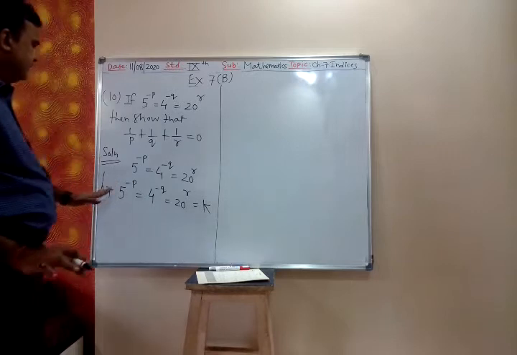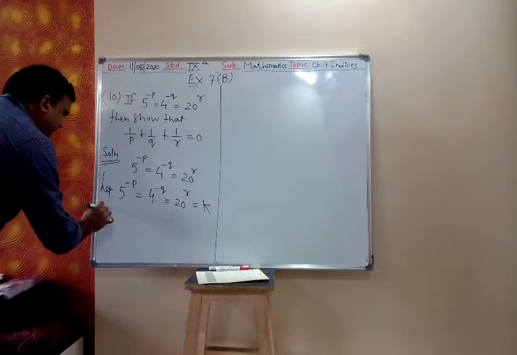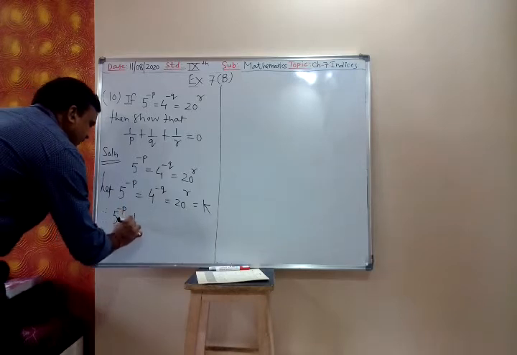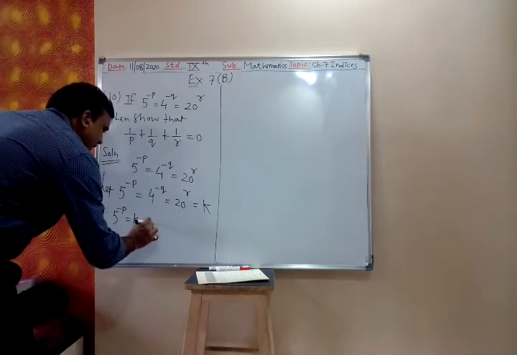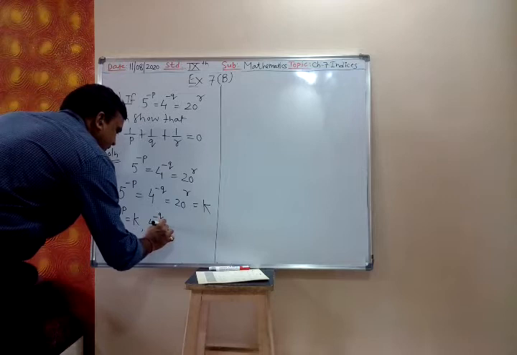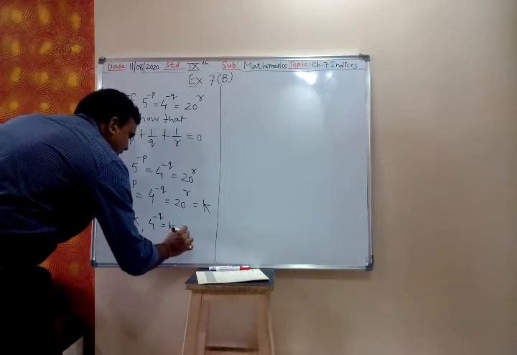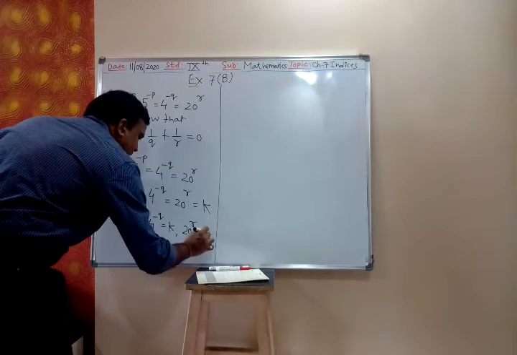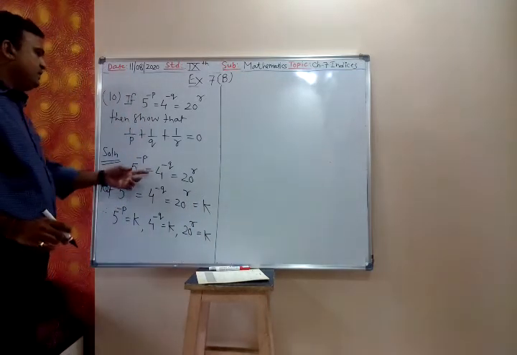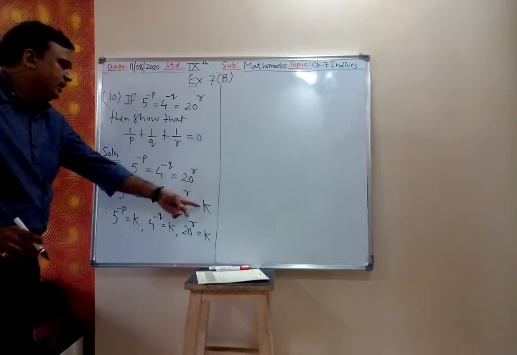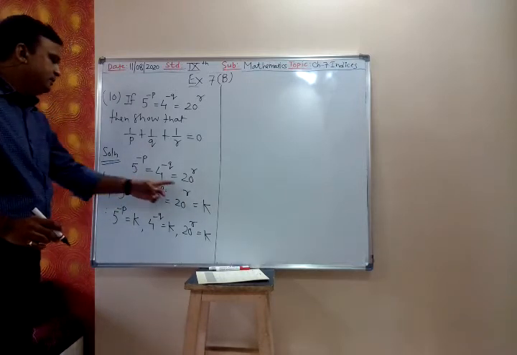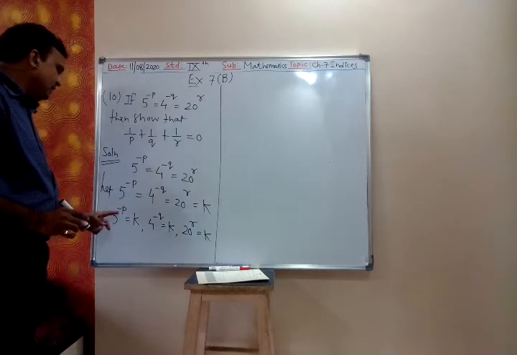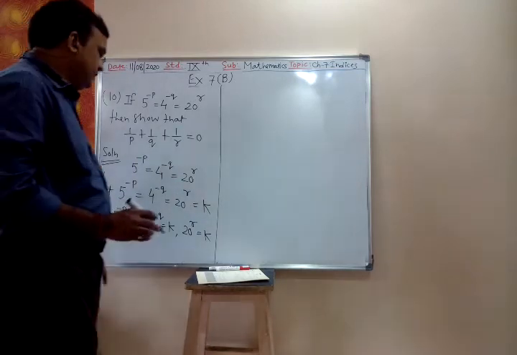So 5 raised to minus p is equal to k, 4 raised to minus q is equal to k, and 20 raised to r is equal to k. All three are equal means they have one common number k. Now we find the value of p, q, r.